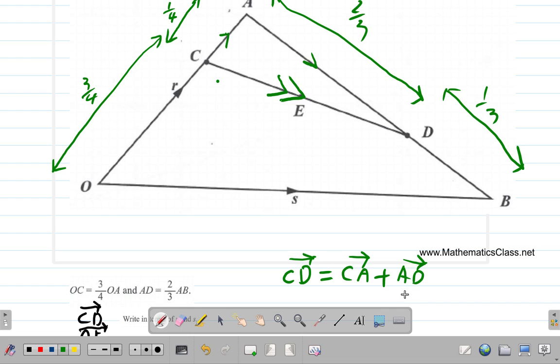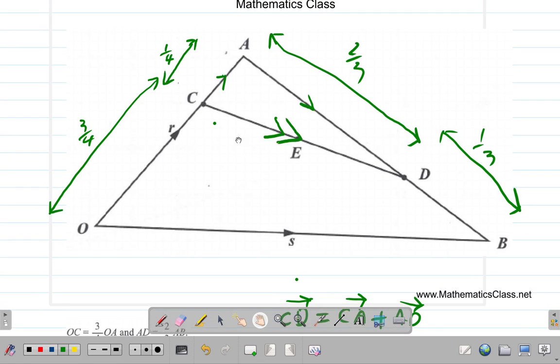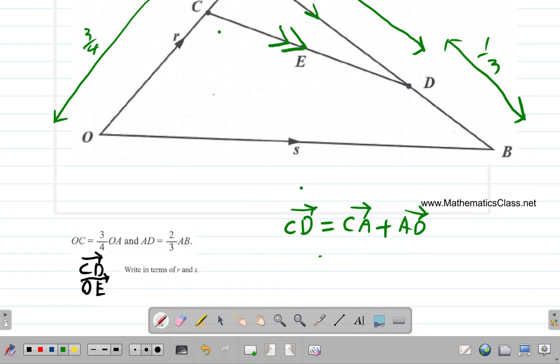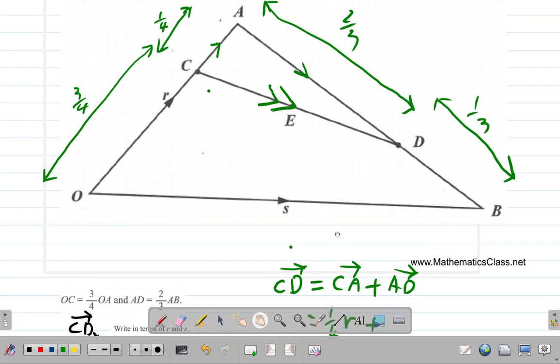The question is, what is CA in terms of r? CA is a quarter r, you see, from C to A is a quarter of the distance. So what I have is a quarter r plus AD.